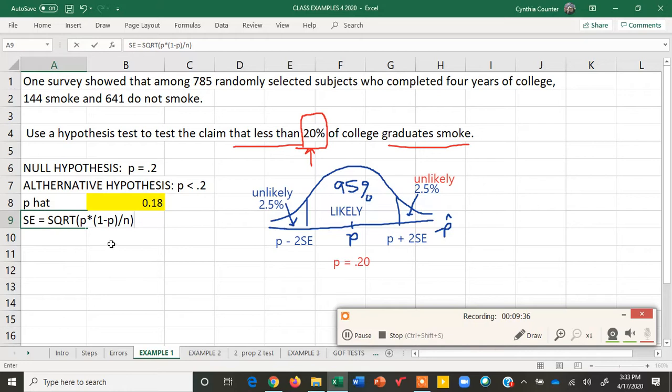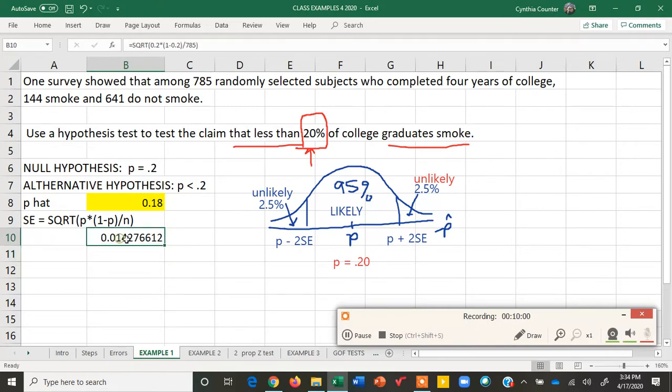So our standard error then would be computed as the square root of 0.2 times (1 minus 0.2) divided by the sample size of 785.